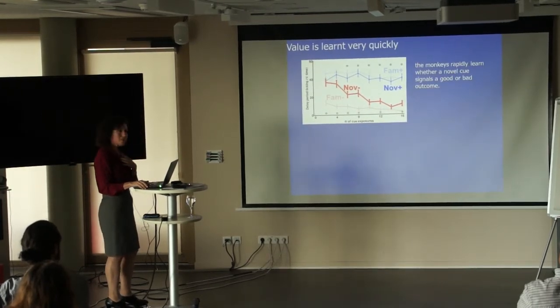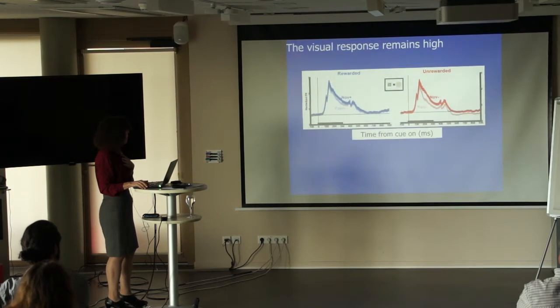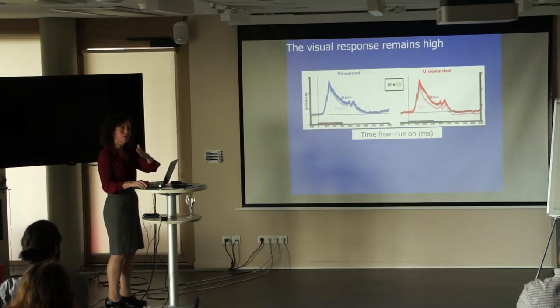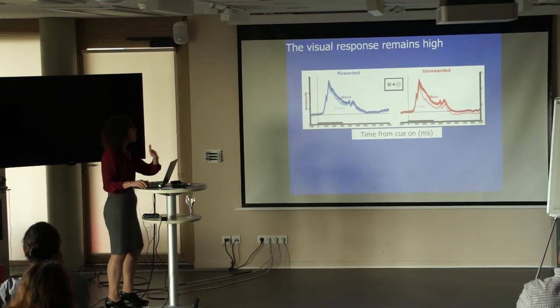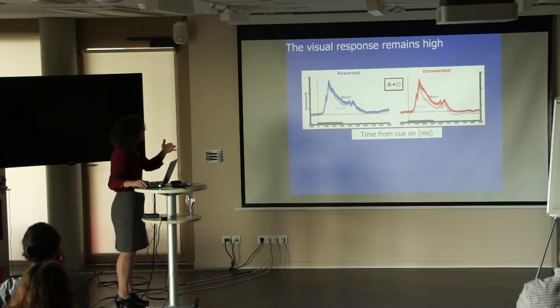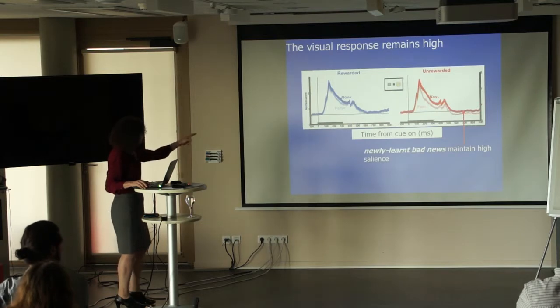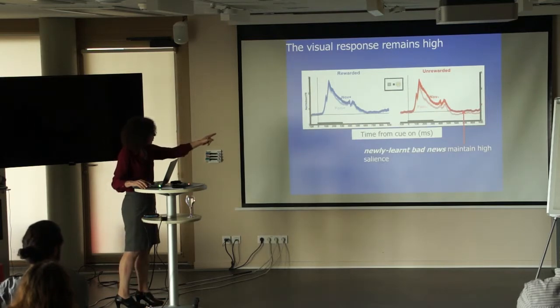And the surprising result was that you would think that the visual response would also show that suppression just as quickly as the monkey learns, but that wasn't the case. In fact, the visual response remained high for a longer period of time. If you look at the unrewarded cues, the response to the familiar ones is in pink now, and you can see the suppression.